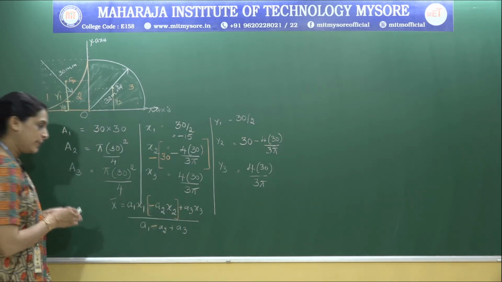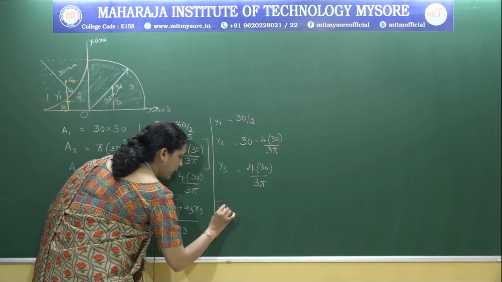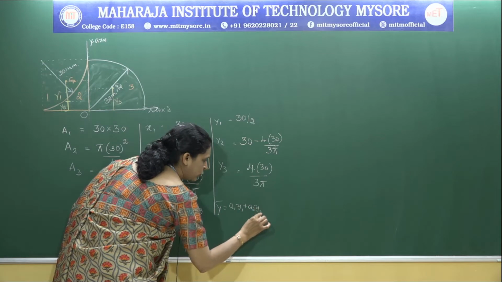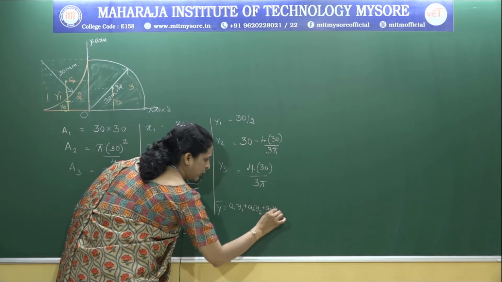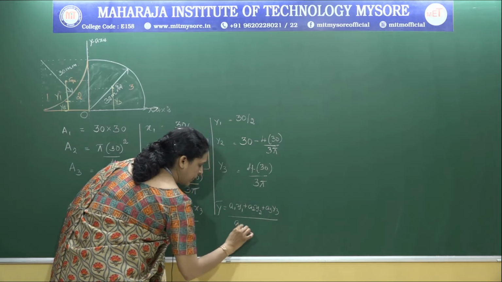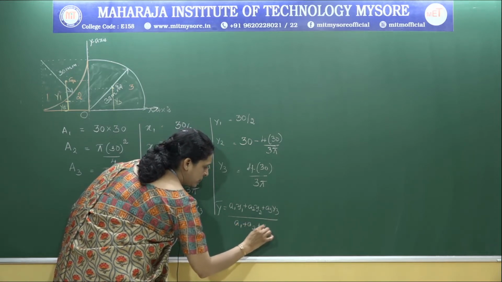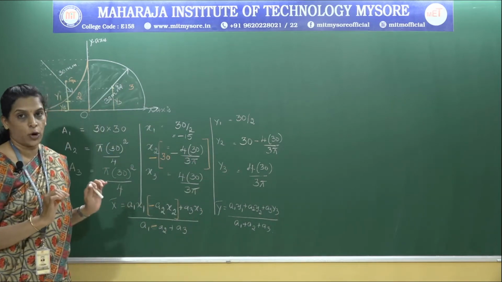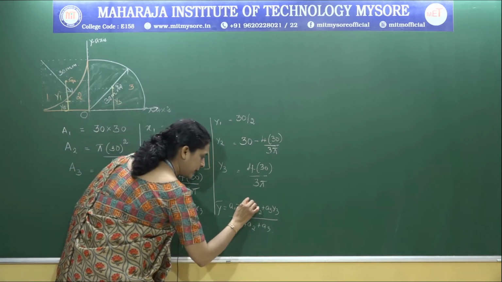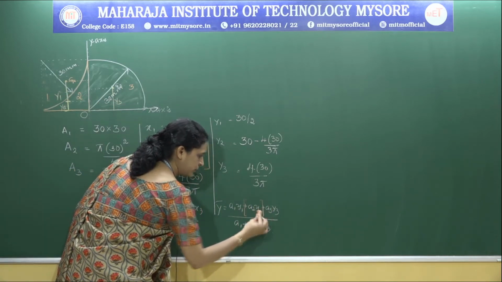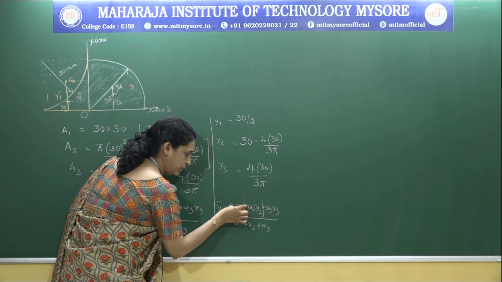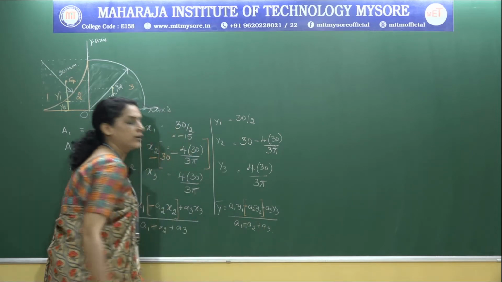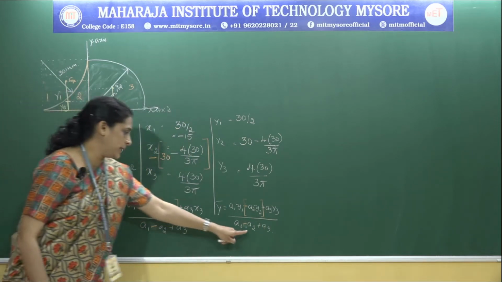Similarly, to calculate y bar, it is a1 y1, a2 y2 plus a3 y3, divided by a1 plus a2 plus a3. The area related with the second component has to be considered negative. So it has to be prefixed with a negative sign, and the same here with the new denominator.